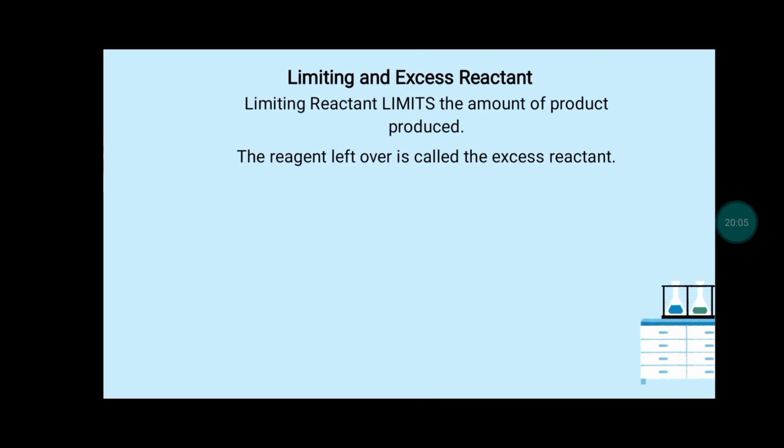So, in order to tell which is the limiting, we have to see which quantity will limit the reaction stoichiometrically. And it won't be automatically the substance that is present in the lesser amount, kasi baka mamaya may mga given dun sa problem, and then makita natin na mas maliit yung given amount ng isa. This is the limiting reactant kasi mas mababa yung amount niya. So that's not always the case.